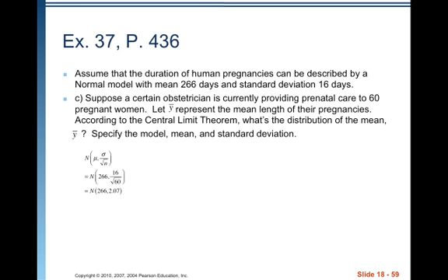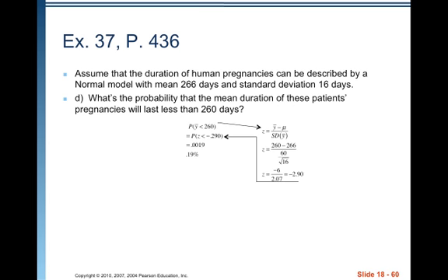But it is enough to put that capital N and then parentheses 266 and 2.07. Everybody knows that that means normal with a mean of 266 and a standard deviation of 2.07. But you do need to get used to writing down the formula part, the plugged in values, and then what it simplifies to be, so that you'll get full credit on the AP exam.